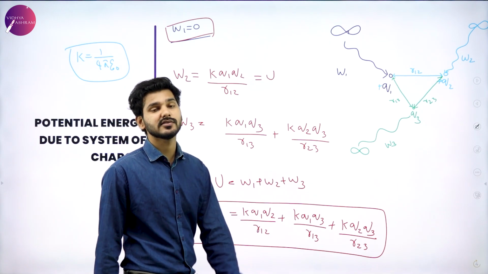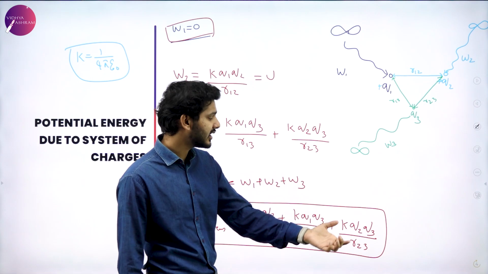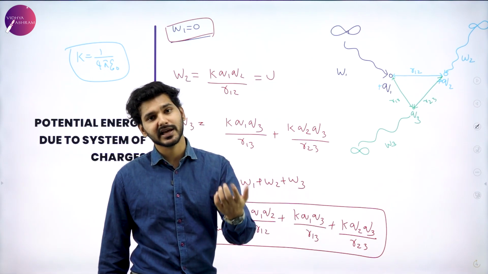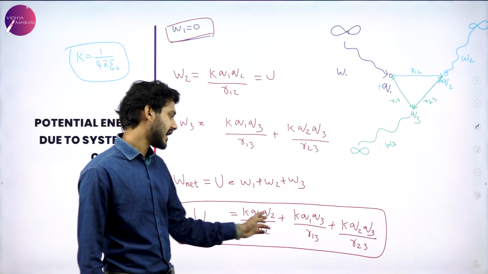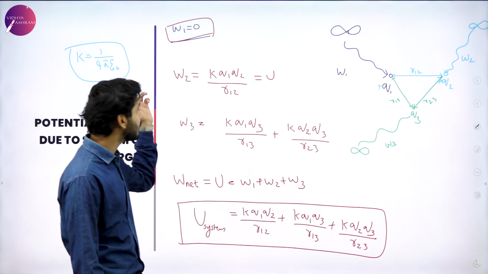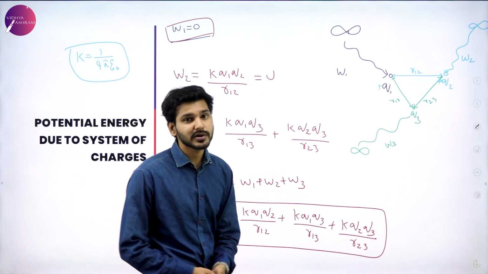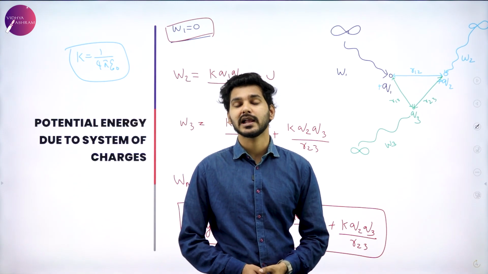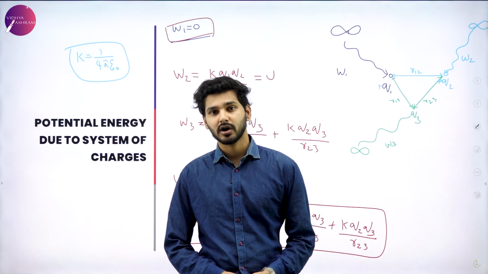Add them all together and you will get the potential energy of that particular system. If you want, you can take the K, which is 1 by 4 pi epsilon naught, out of the equation and write it as a common factor. But this is the way you calculate all these things, and I believe that you have understood all of this.